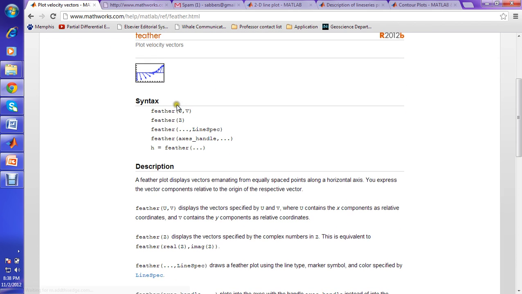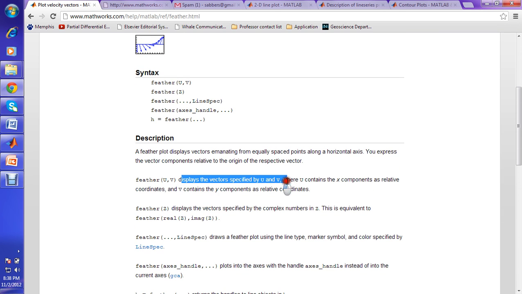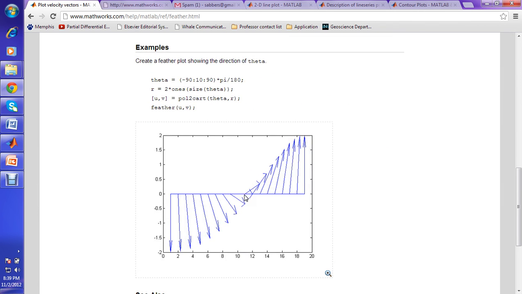We need some UV data. What is UV? It displays the vector specified by U and V, where U contains the x components related to x coordinates, and V contains the y components related to y coordinates. If you see the example here, theta goes up to this value, and we have r here, whatever it is.